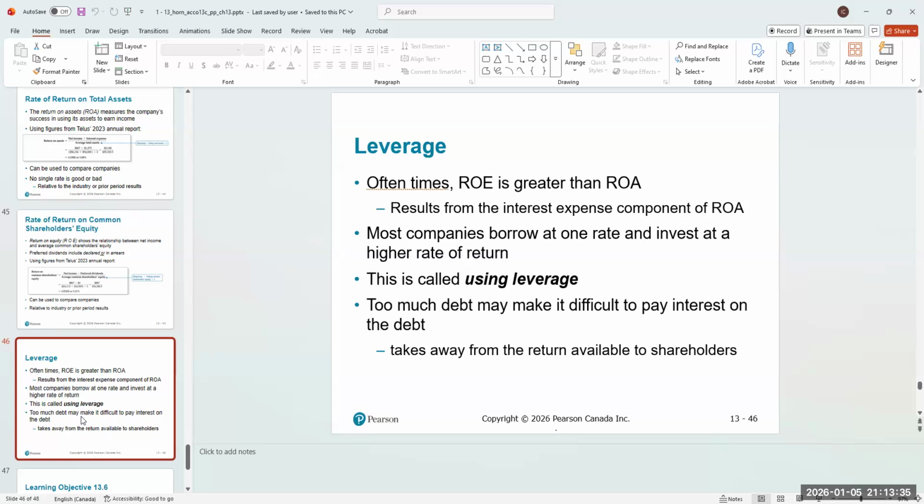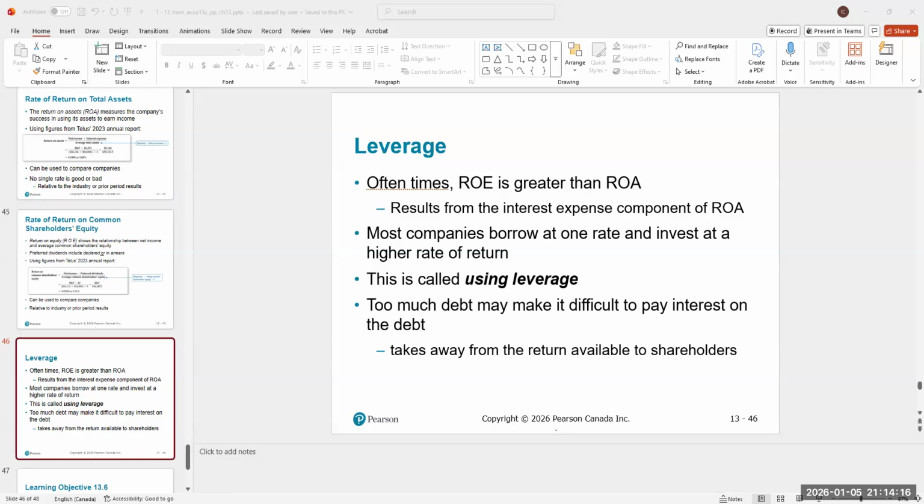With too much debt, however, it may be difficult to pay the interest on the debt, so you have to be careful. You cannot take on too much debt. You have to mix investment with debt in order to control financial leverage. Financial leverage is the capital structure of the company, which simply means how much you are exposed to debt versus how much you are exposed to equity. That's how simple it is.